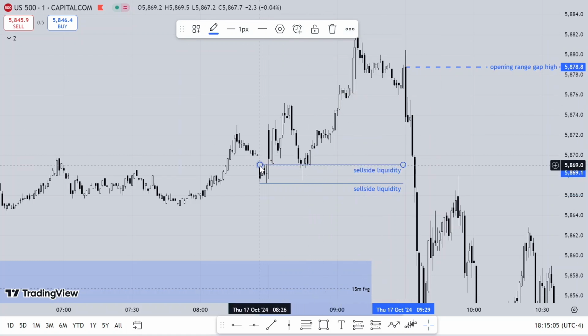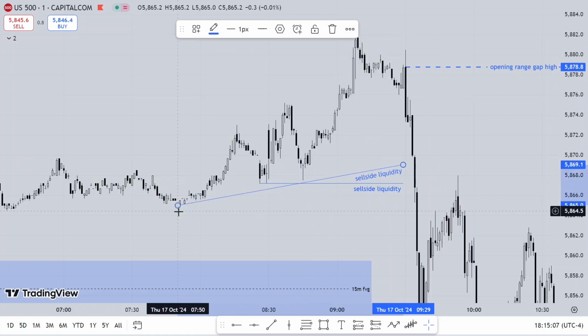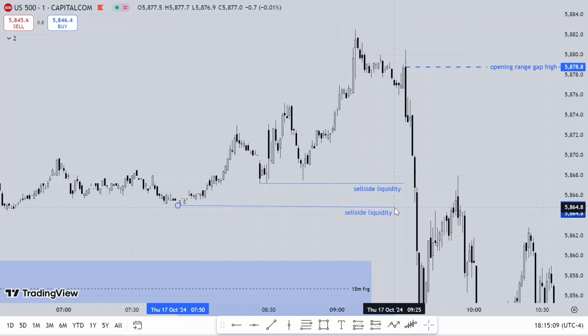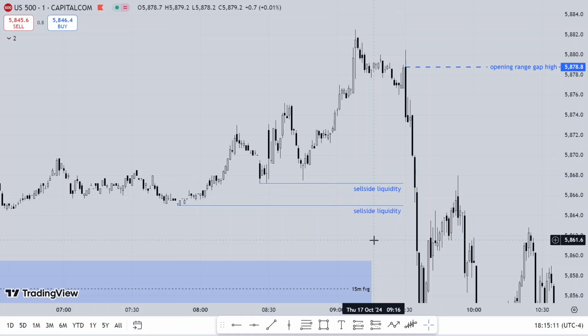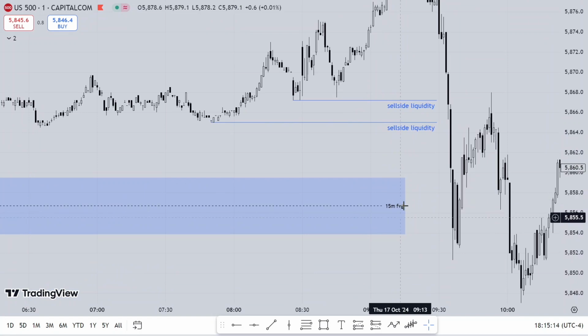And also these lows. So you had sell side liquidity resting below these lows here, which is just above our draw on liquidity, this 15-minute fair value gap.